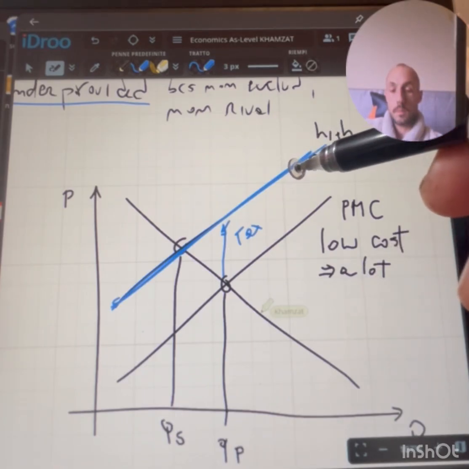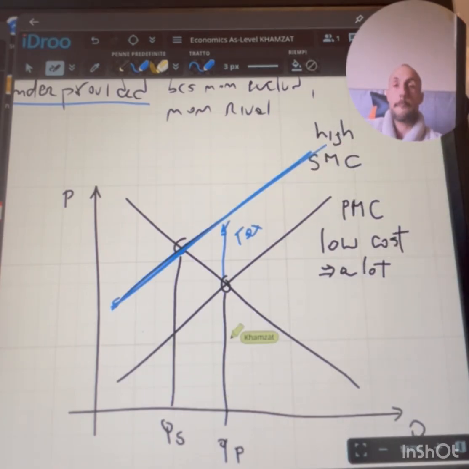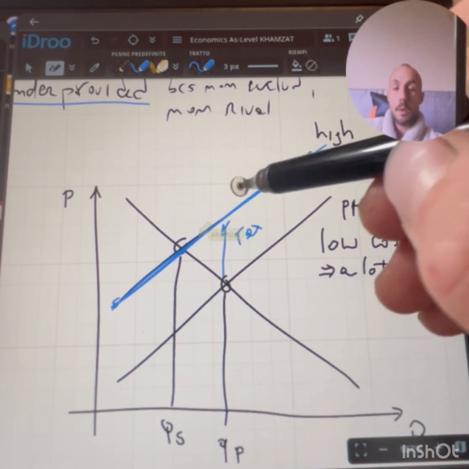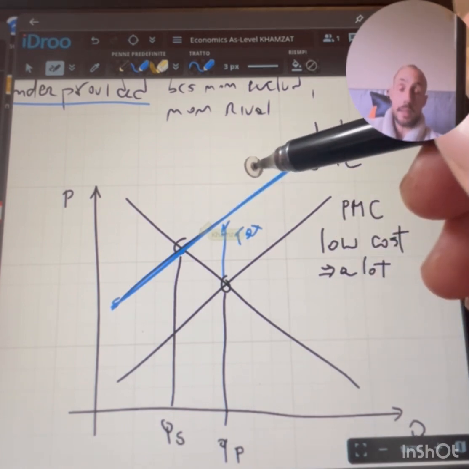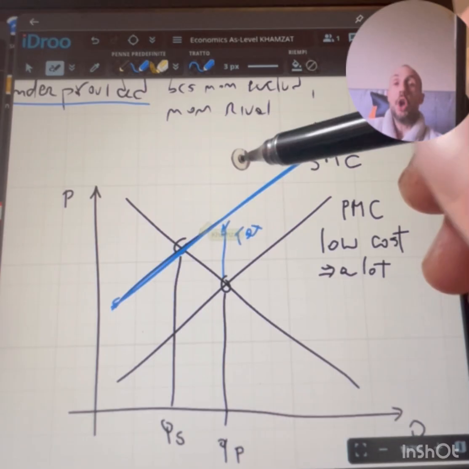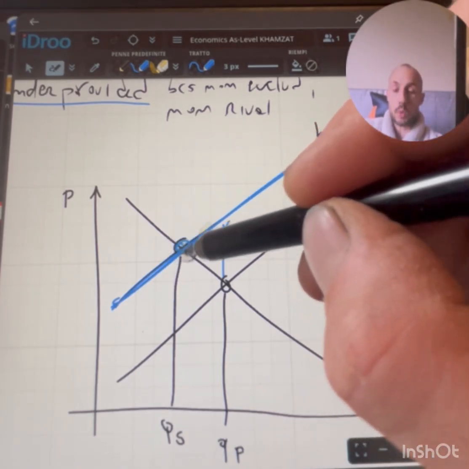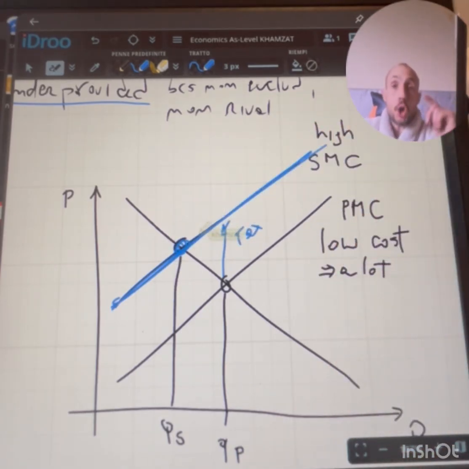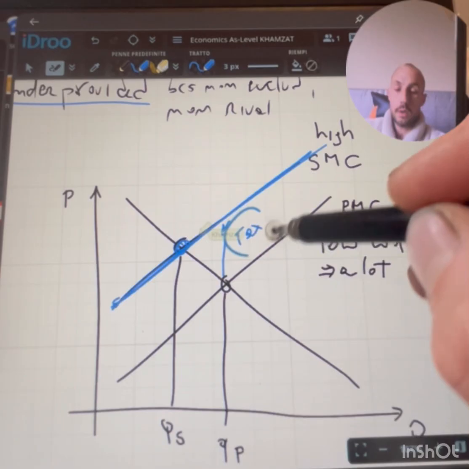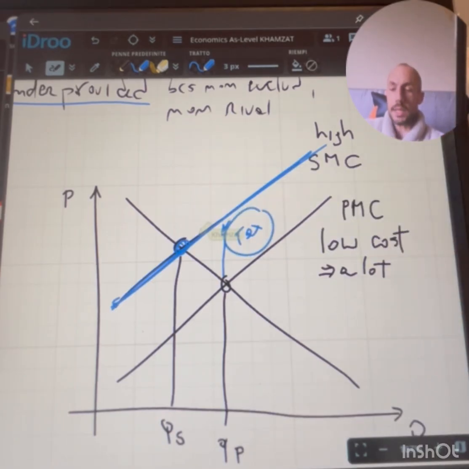Sir, just 1 second, sir. My computer went off. If this is our new supply curve, the demand would go down, because the intersection point of demand and supply is going to be this one. So the negative externality has been internalized. So this is the effect of indirect taxes.